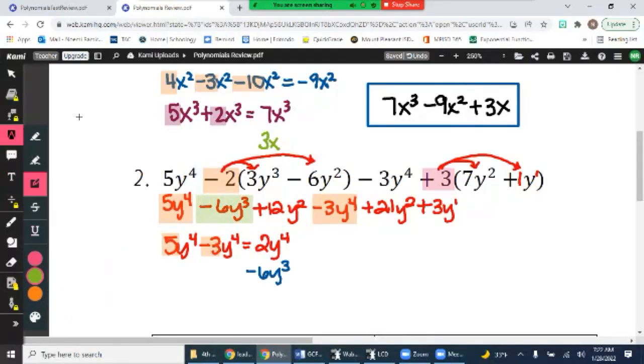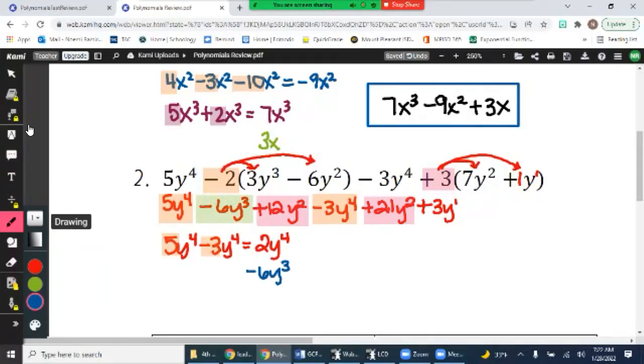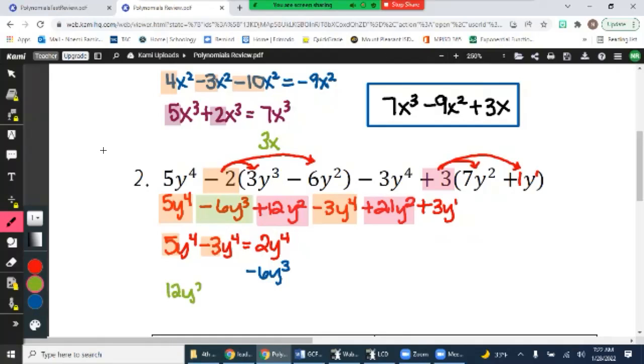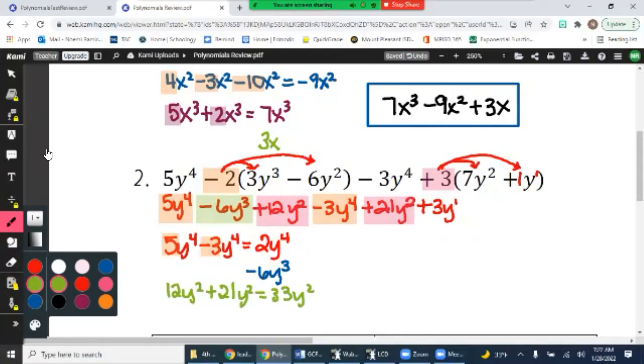Next, we have 12y squared. Keep going. Up, can combine it with the 21y squared. Here we go. 12y squared plus 21y squared. 12 plus 21 gives us 33y squared. And then 3y is off on its own, so 3y.